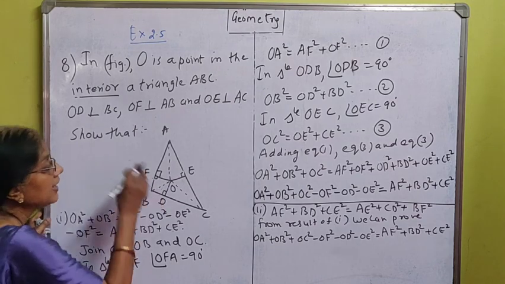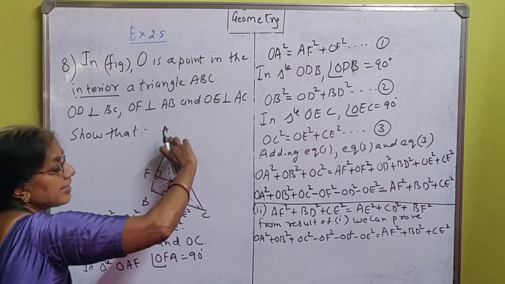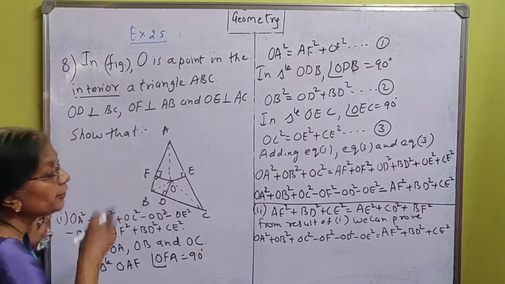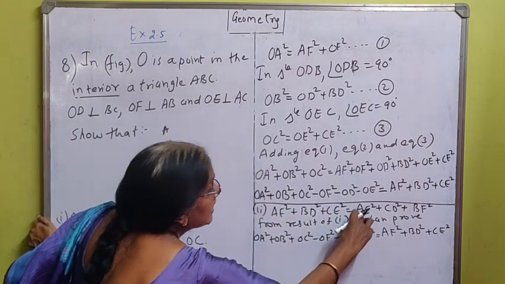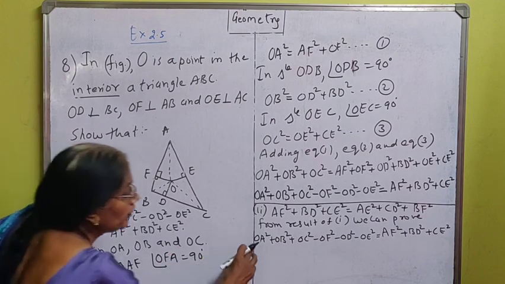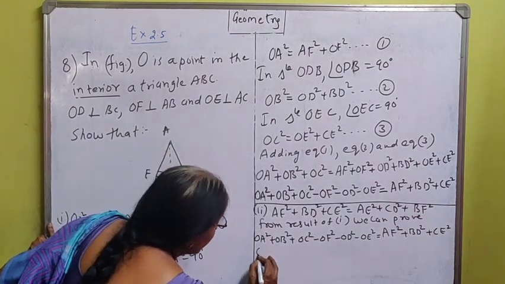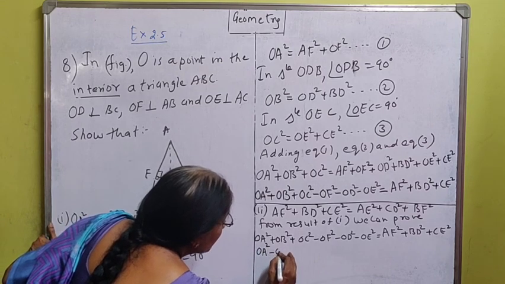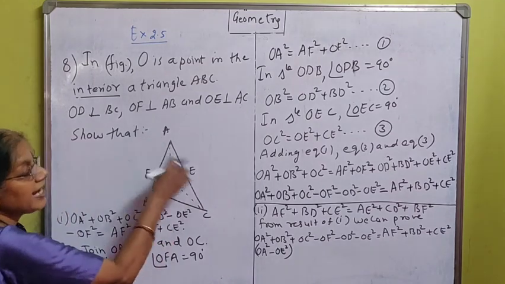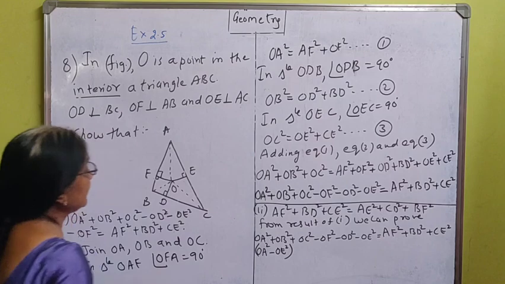So I can say OA square minus OE square, I can get as AE square. I want to take that only to prove, because here AE square is there. So what I have to do? I have to arrange this. With OA square, I will arrange minus OE square. So OA square minus OE square will give me AE square.